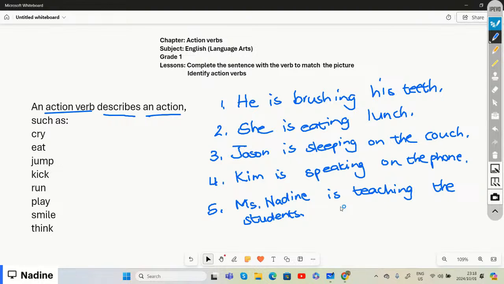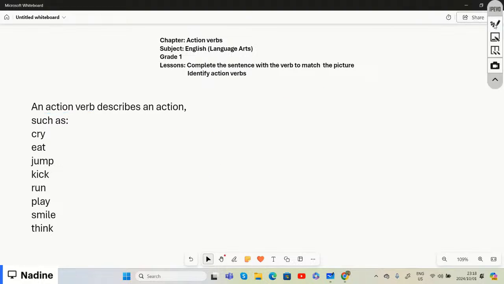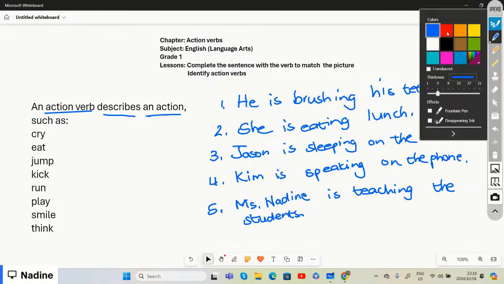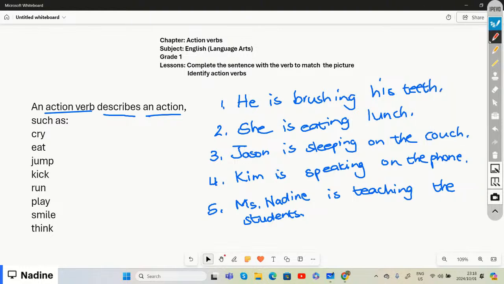So if we were to identify the action verb within the first one, we can say he is brushing his teeth. So the action verb would be brushing. That is something that he's doing. Brushing is the action.